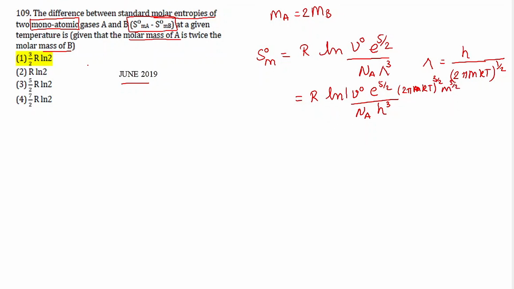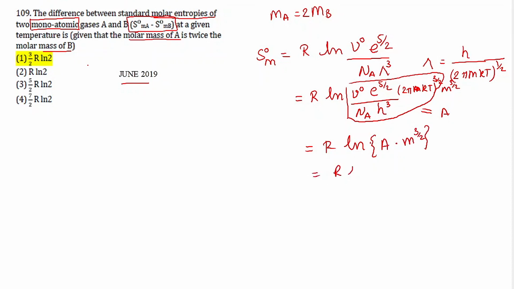So over here all these terms are constant. Suppose I equate all these terms to a constant A, then we can write R ln A m to the power 3 by 2, and this we could write as R ln A plus R ln m raised to 3 by 2.